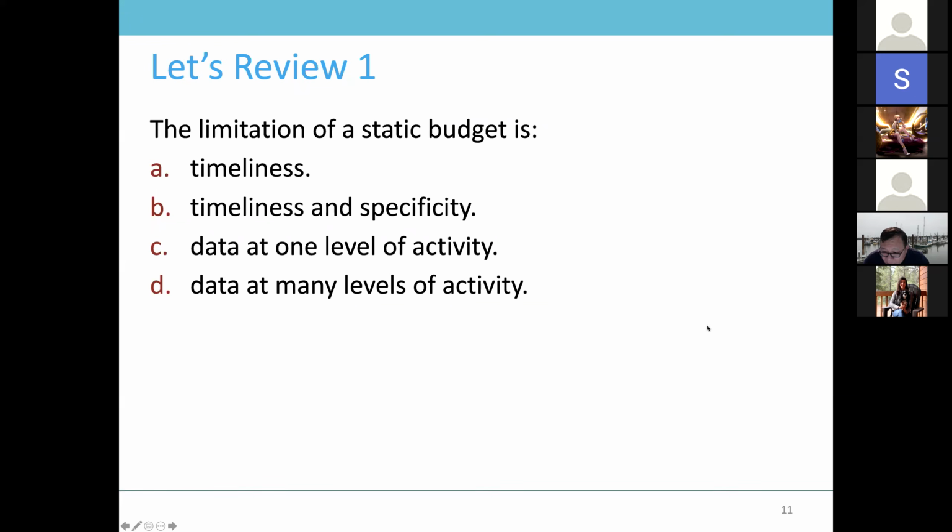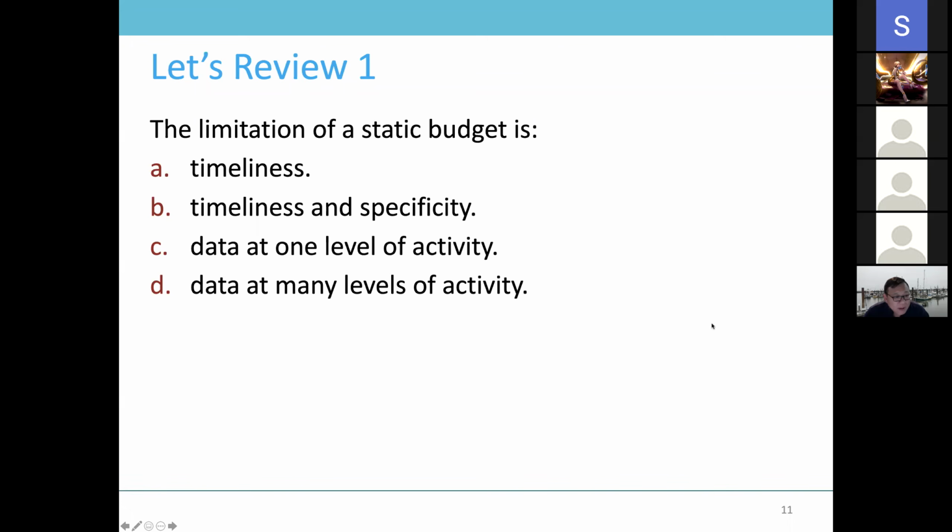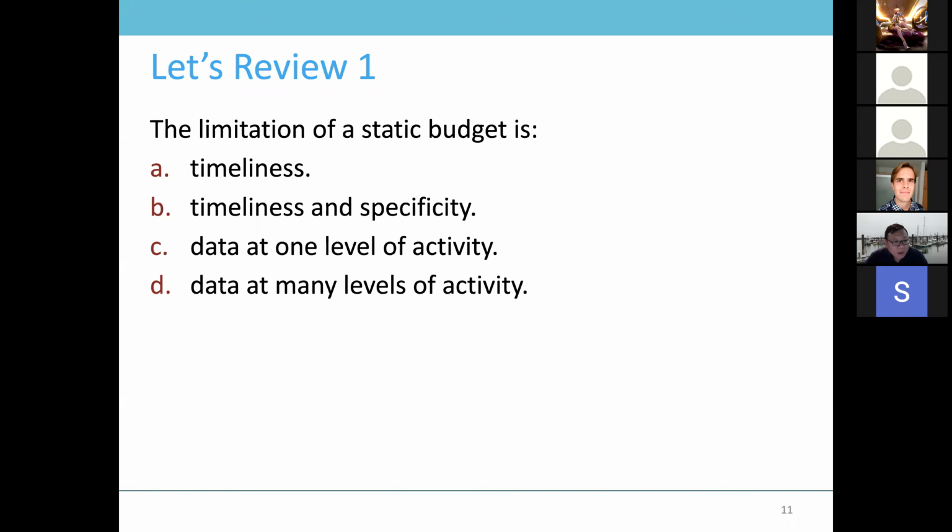Santiago. C. Data at one level of activity. Xudong. B. Timeliness and specificity. Okay, Ruben. B. The limitation. Okay, the limitation B. So the second or the fourth?